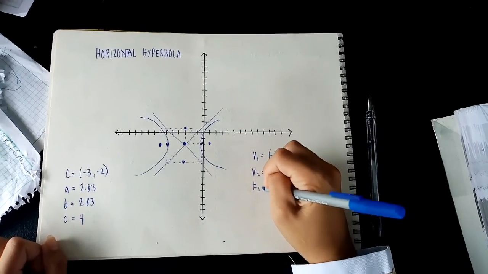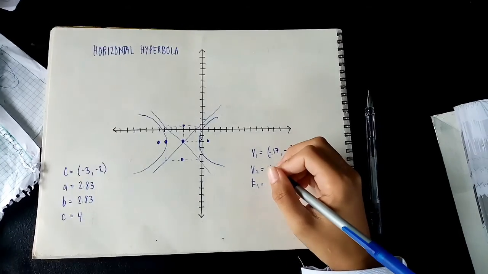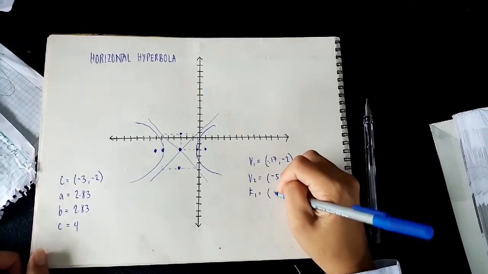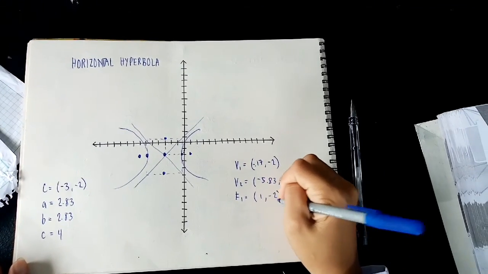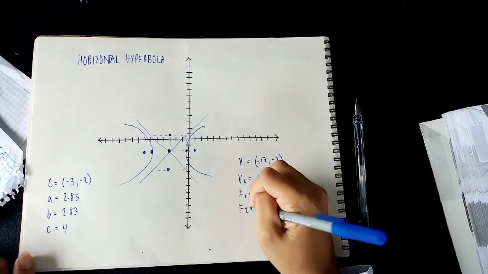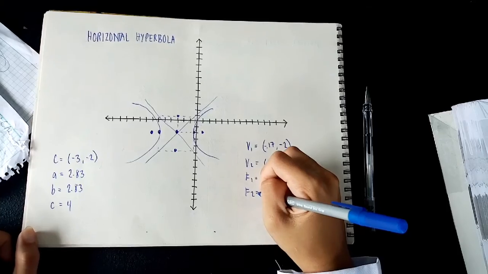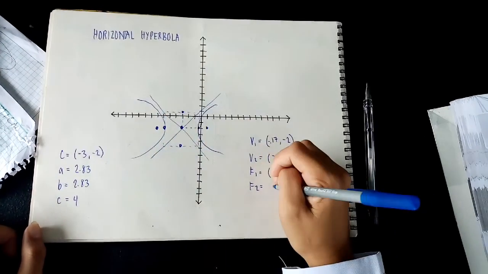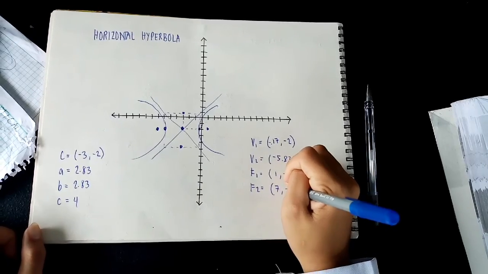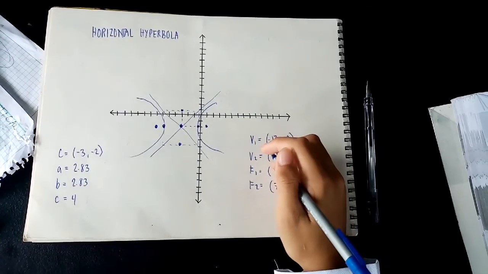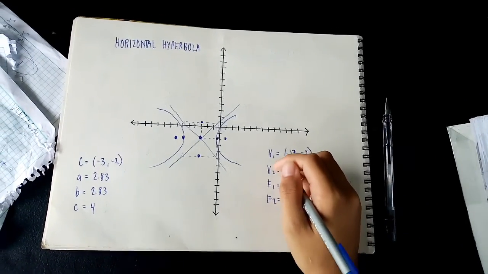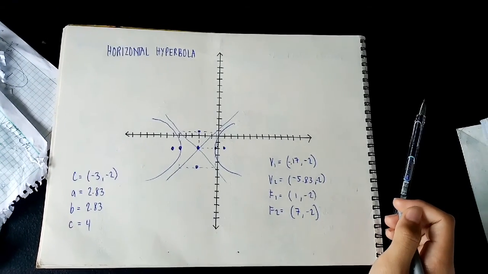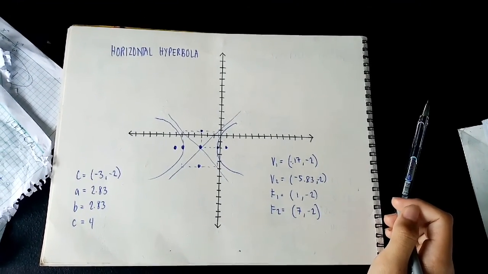Next is f1 equals 1 and negative 2, and f2 equals 7 and negative 2. That's how we get v1, v2, f1, and f2. That's all for the horizontal hyperbola.